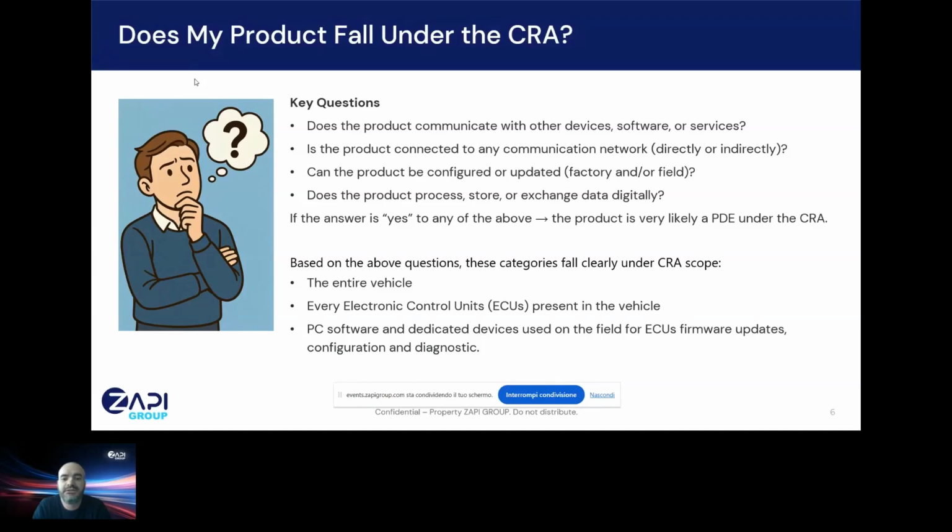So these communicate with others. So the vehicle, the ECU, and the software and devices that are intended to configure the ECU of the vehicle are all examples of product of digital element that need to be considered into the CRA.